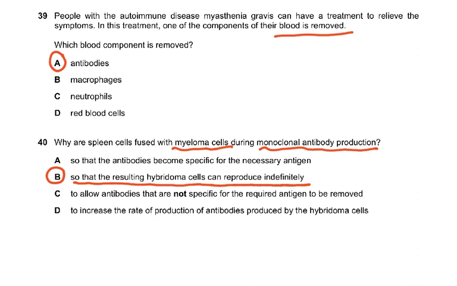It may survive, but it's not going to divide by mitosis, because we want them to form a clone, and we want them to keep on dividing and giving us antibodies. So when we fuse it with a cancer cell, a myeloma cell, we give it immortality. And this is the main reason, so that they can reproduce indefinitely.